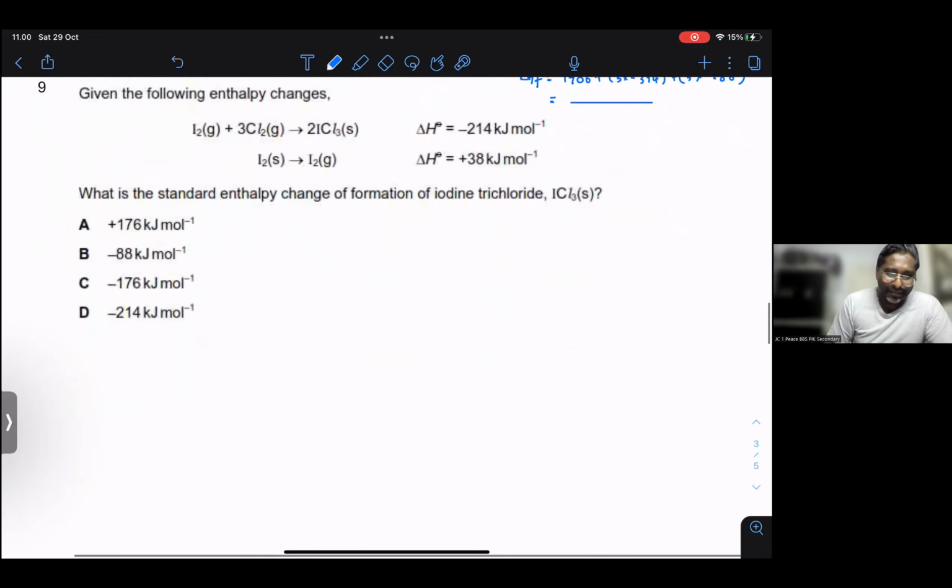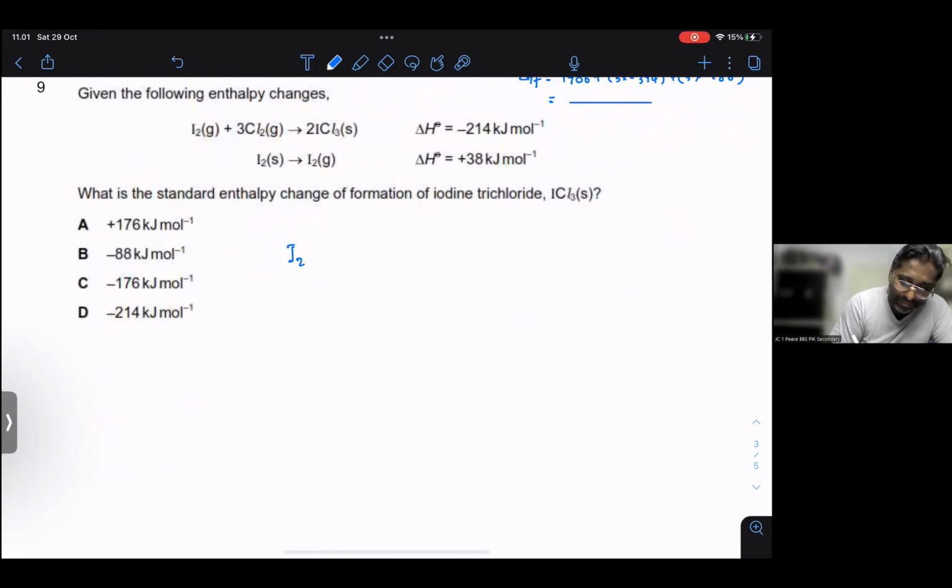Now, given the following enthalpy changes, what is the standard enthalpy change of formation? Once you know what is happening, you can apply this. So I'll put I2 in gas form, 3Cl2 gas, to give 2ICl3, and this value is negative 214.